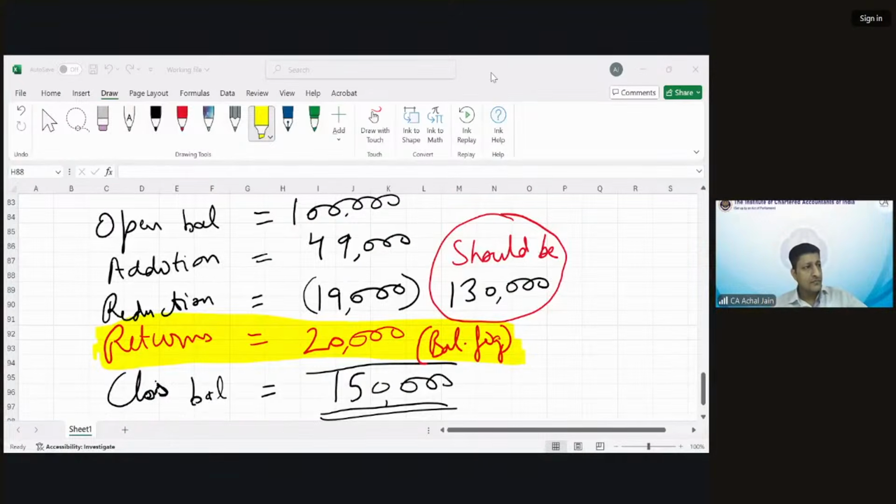Sir, just asking, expected rate changes every year. Expected rate means discounting rate, right? No. Expected return. It's not a discounting rate. The discounting rate you'll use for the liability. Let's suppose you invest your money somewhere. You'll have some expectation that this is the amount I'll be able to generate.